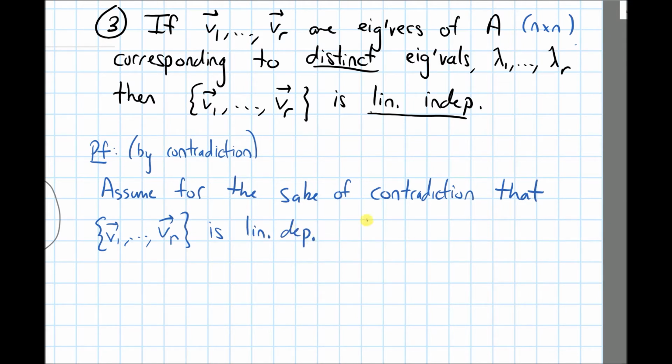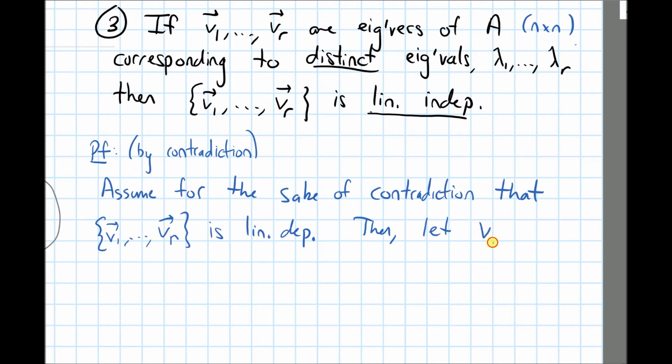Okay. Then, well, if my set of vectors is linearly dependent, that means at least one of them is a linear combination of the vectors that precede it. So I'm going to write this in the following way.